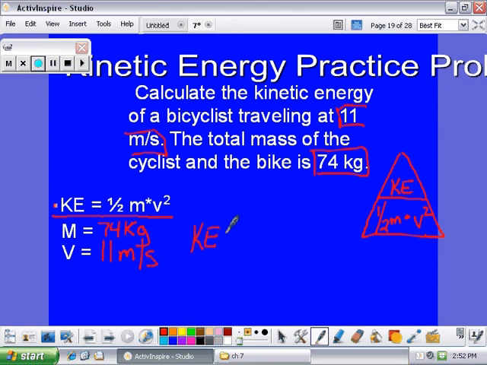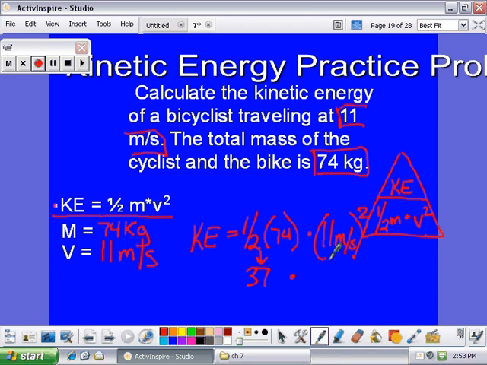Kinetic energy equals 1/2 times 74 multiplied by 11 meters per second, squared. With any math problem, you do everything in parentheses first. So you take half of 74, which gives you 37. Then you multiply that by 11 meters per second, but that's squared.